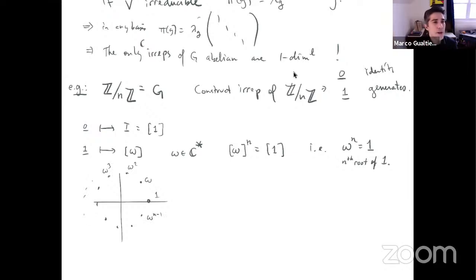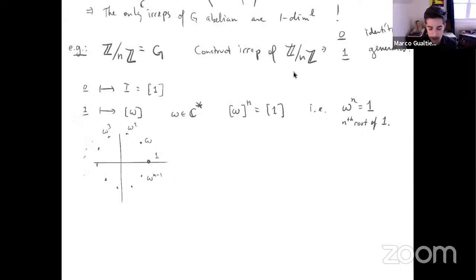Okay, and it's just a one-dimensional representation over the complex numbers. And this is a good example. Now if you choose omega to be just 1, that is an nth root of unity, then what you'll get is a representation where all the matrices are just 1.